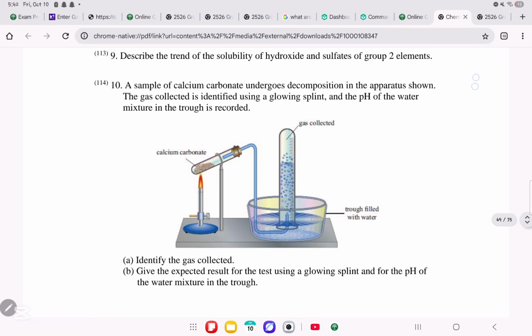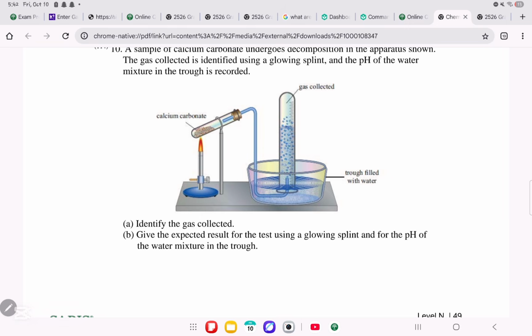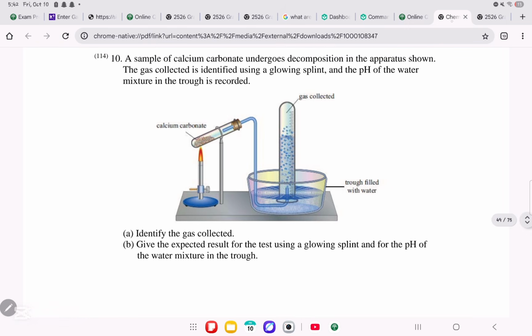Next question. What does it say? It says a sample of calcium carbonate, CaCO3, undergoes decomposition in the apparatus shown below. The gas collected is identified using a glowing splint, and the pH of the water mixture in the trough is recorded. What is the gas collected? We said when we decompose calcium carbonate, it will decompose into a metal oxide in addition to carbon dioxide.